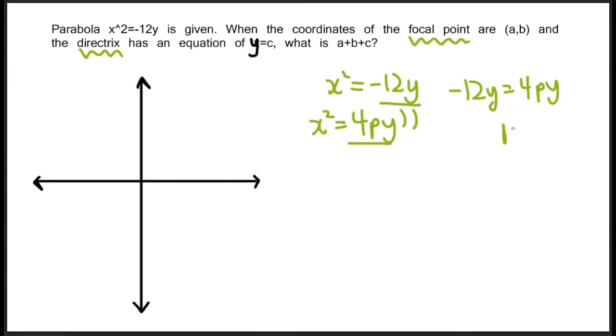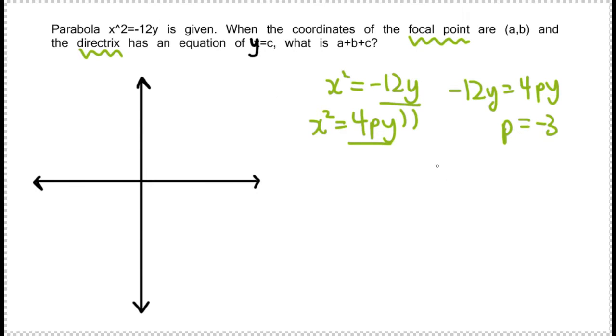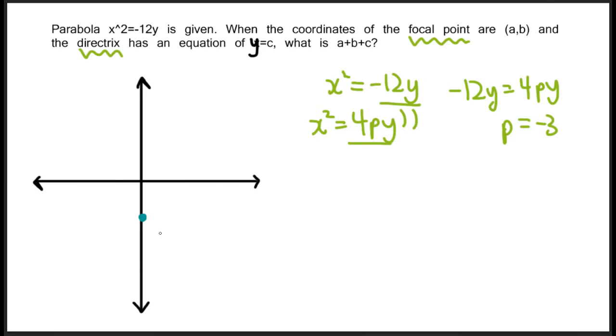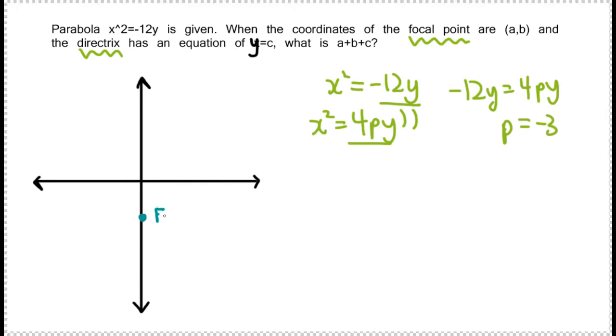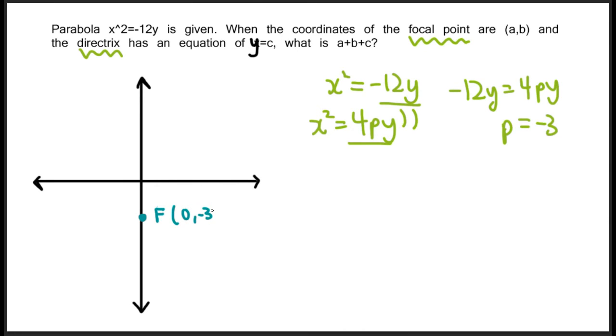then we can quickly find out that p equals minus 3. If you don't know this, you shouldn't be listening to this, okay? So p equals minus 3 right here. So F would be (0, minus 3). We know this is vertically opening because x squared is on the left side.